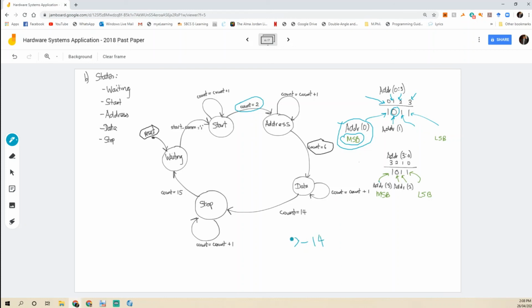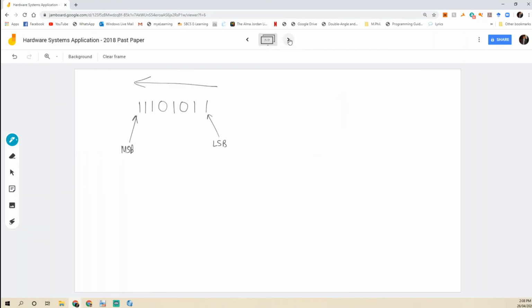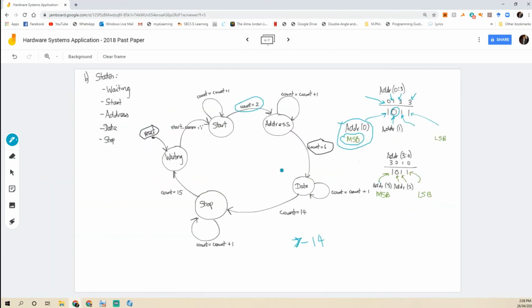Sorry, going from 6 to 13, so that's not 7 to 14. The counter is going to be 6 when I enter this state. So my counter is going to go 6, 7, 8, all the way until 13.